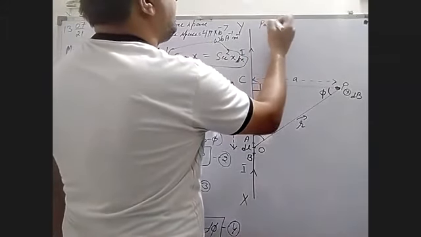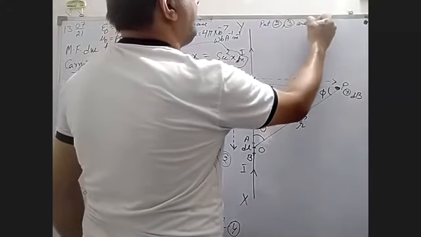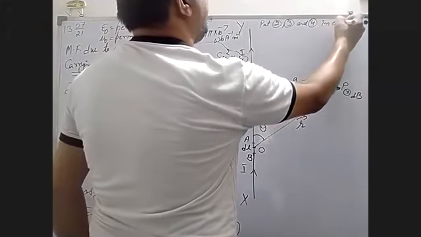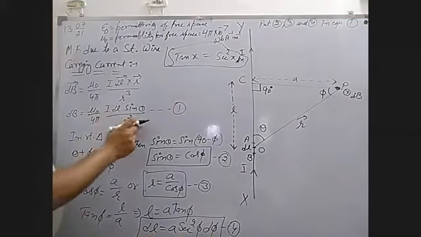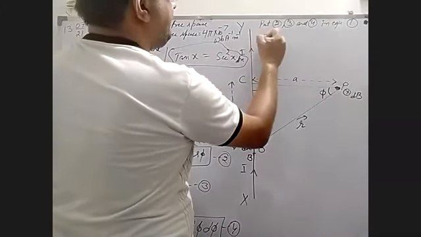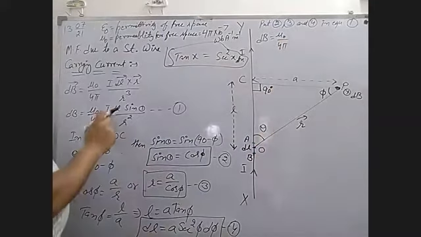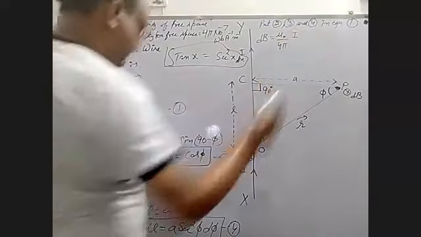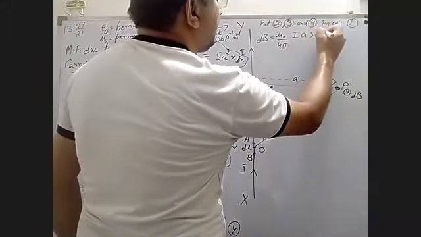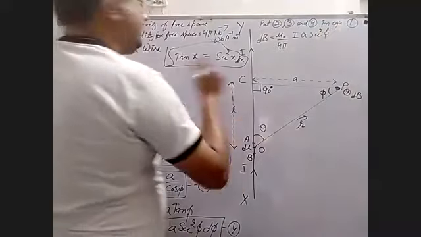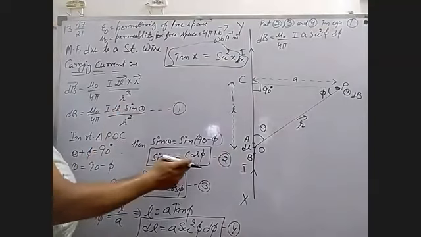Put 2, 3 and 4 in equation 1. Then first becomes dB is equal to mu naught upon 4 pi I, at the place of dl a secant square phi d phi, sin theta is what?